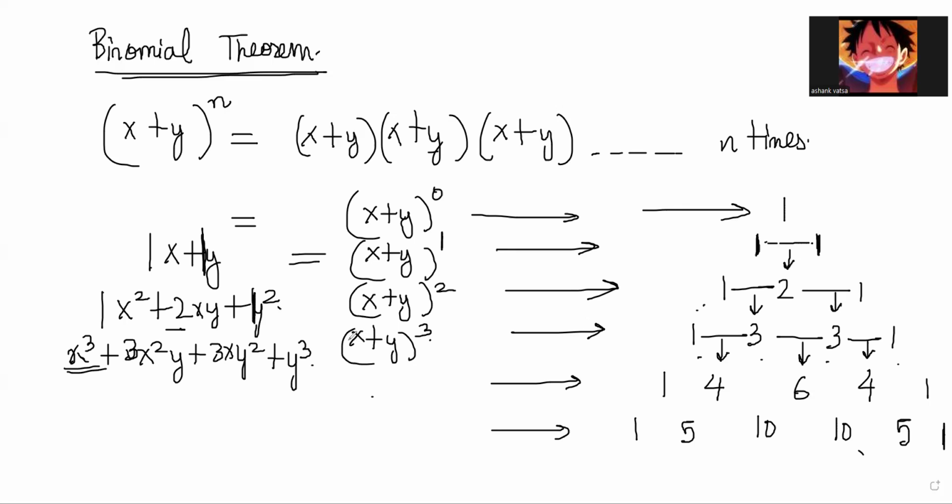When you write the terms properly, you have to write x with the highest power, then the second highest power, then a lower power, then the lowest power, right?